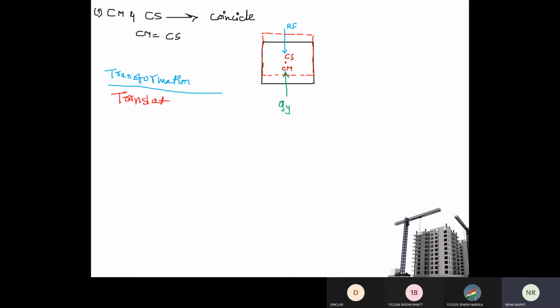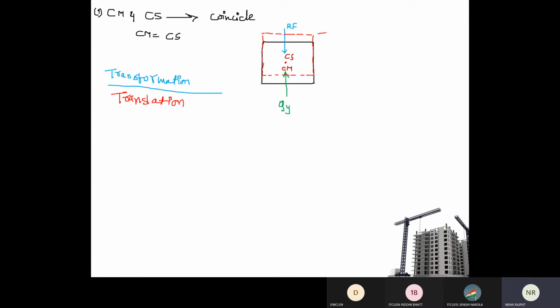I hope you all are from a SA3 background. Translation, rotation, you have come across those terms. What is translation? What is rotation? Translation means movement in XY direction. Rotation means movement in Z direction. Right.